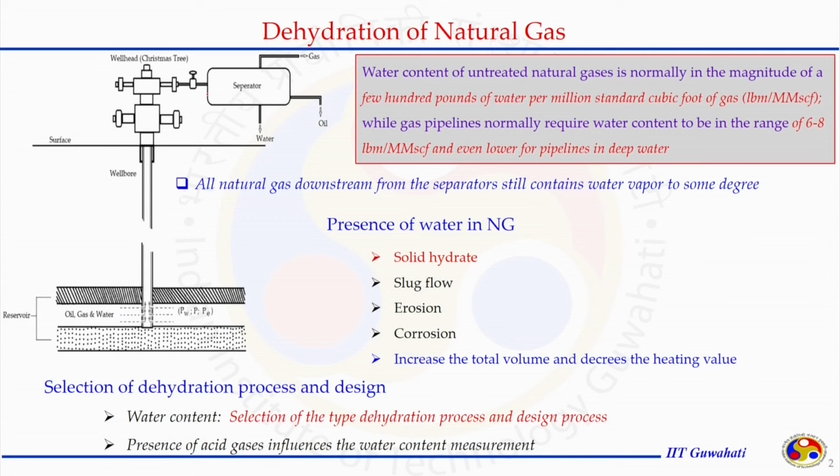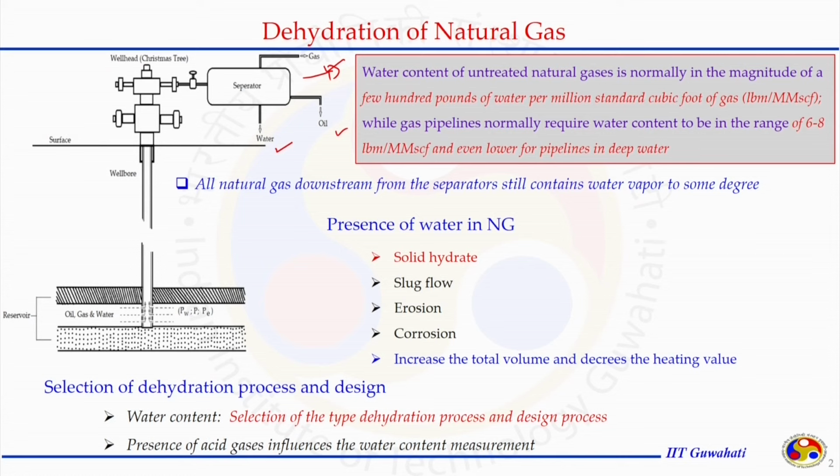Based on the separator chosen, 2-phase or 3-phase, according to the phases being produced, the water, gas and oil can be separated out. And after this, when the gas is supposed to be sent by a pipeline to the consumer, the gas needs to meet certain specifications of pipeline design.